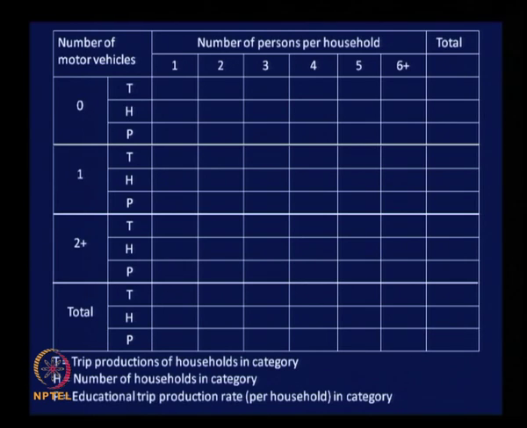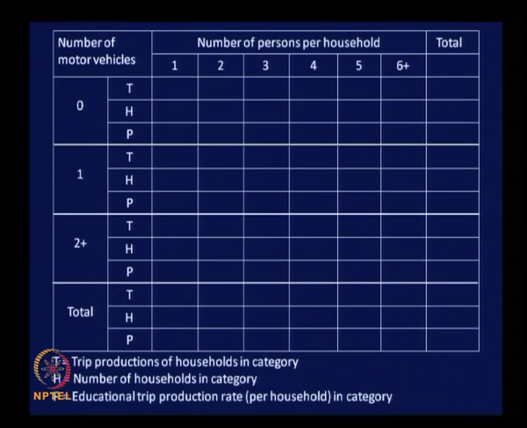So, 3 categories of households, and I have just indicated under each vehicle ownership 3 letters as T, H and P. As you could read, T stands for trip productions of households in that particular category, H number of households in that particular category, and P educational trip production rate per household in category.